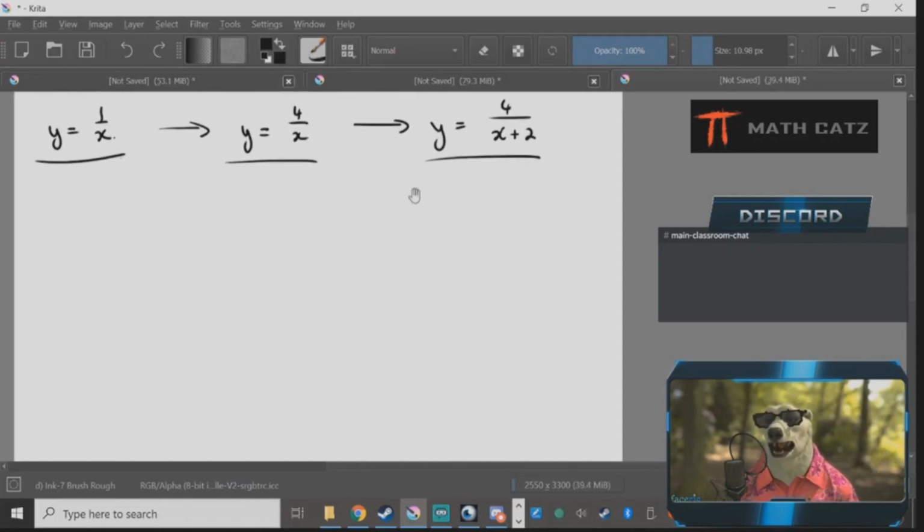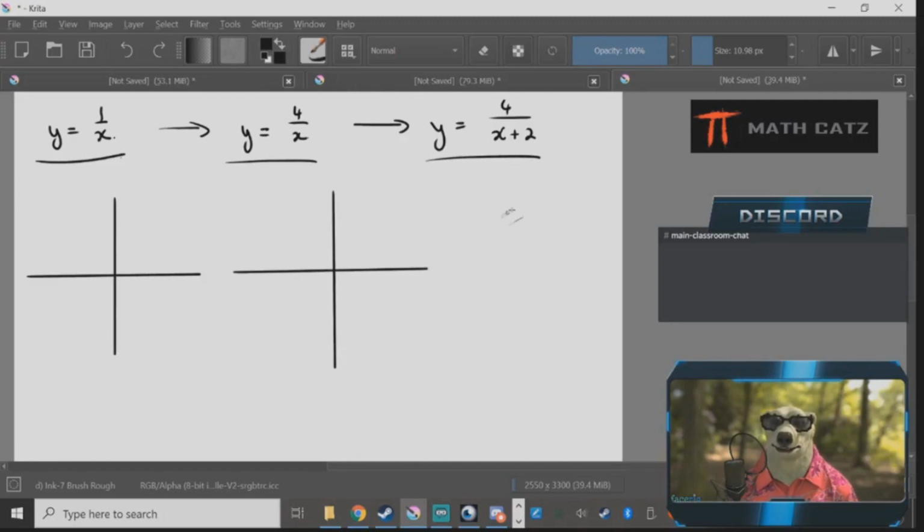So I want to set up my 3 graphs here. They're going to be a little small, but that's okay. I think we can squeeze them in. I hope. This last line is not working for me. I have to go slowly.